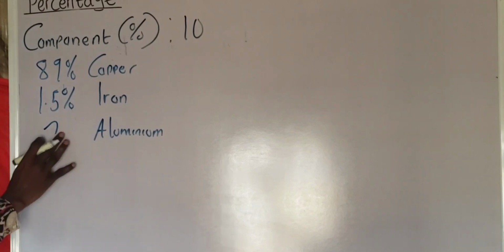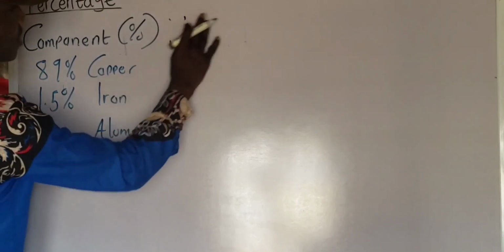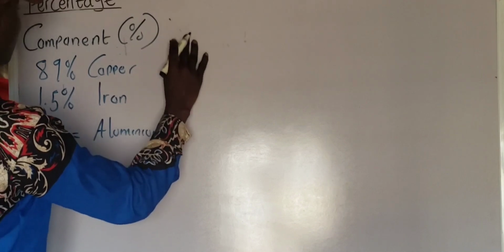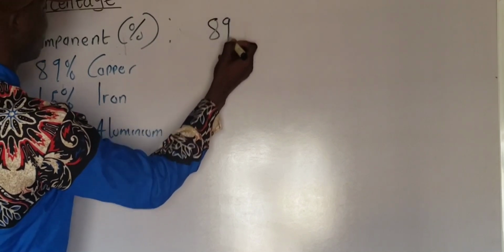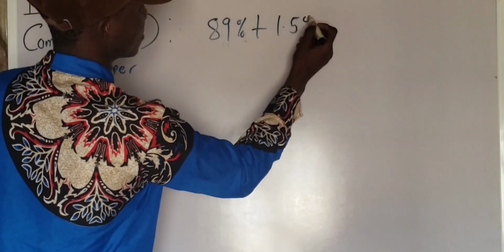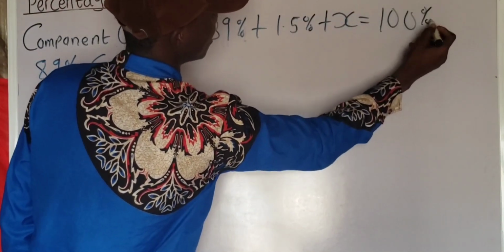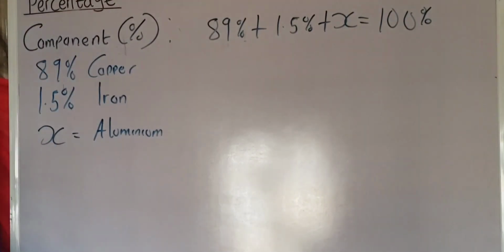Let me call that x. Let x be equal to the percentage of aluminium. So let's sum: we are going to have 89% plus 1.5% plus x must be equal to 100%.